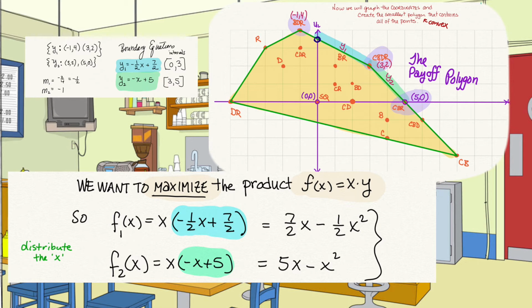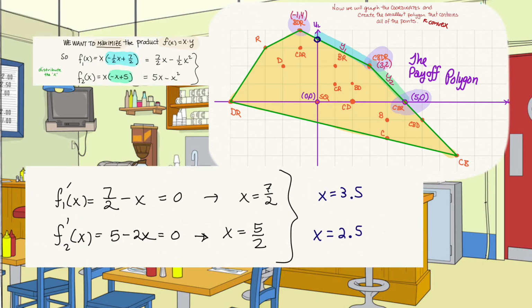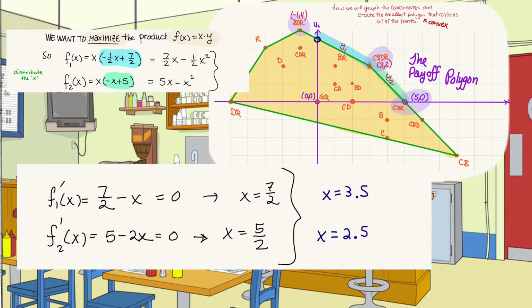To find the maximum value of the product f of x equals xy, we substitute the expressions for y1 and y2 and differentiate. Setting the first derivative equal to 0 allows us to find the critical points x equals 3.5 and x equals 2.5 for the f1 and f2 product equations.